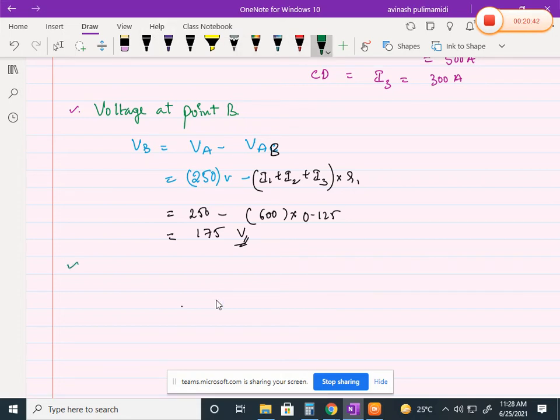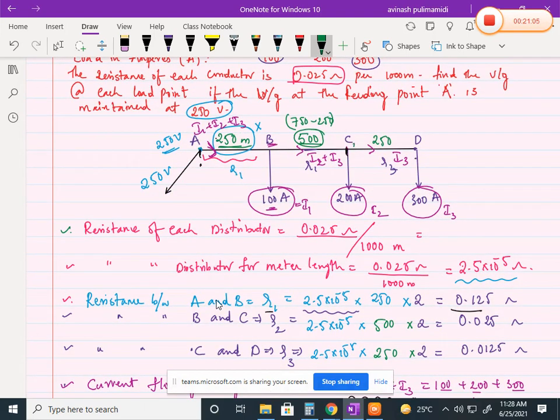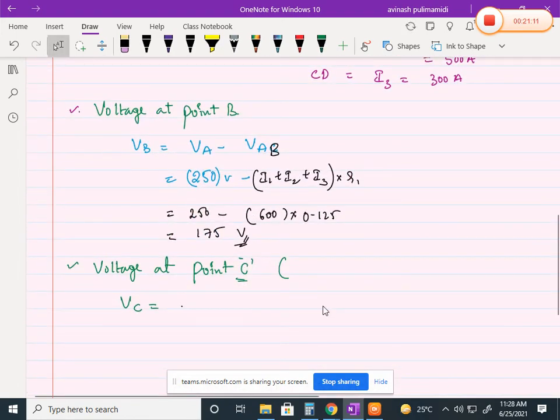Similarly, find the voltage at point C. How to find the voltage at point C? C is located at this point, so let us take the branch BC. Simple logic: VBC is nothing but VB minus VC. I want to find VC. VC is equal to VB minus VBC.